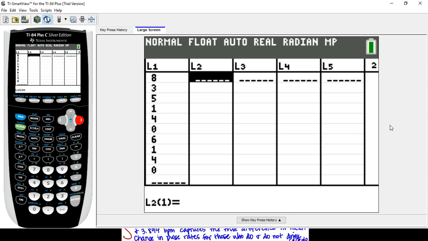This time, the next one's going to be 3, -2, 4, -1, 5, 5, 1, 2, -1, and 4.